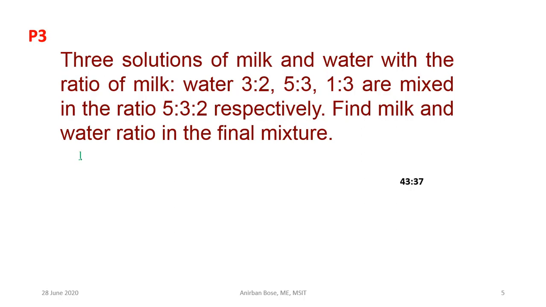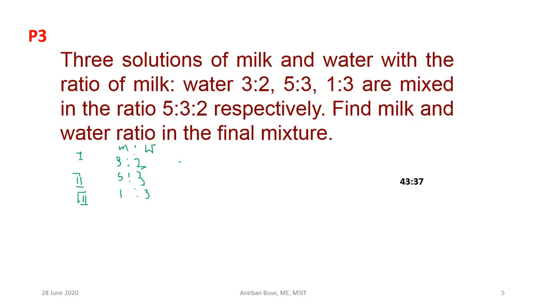Here basically three solutions are there, 1, 2 and 3, and their milk to water ratios are given. For the first solution it is 3:2, the second solution it is 5:3, and in the third solution it is 1:3, right?